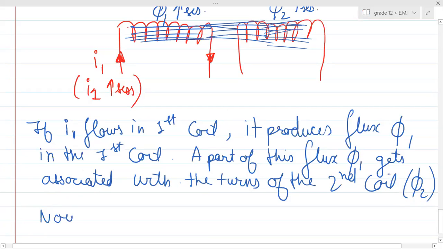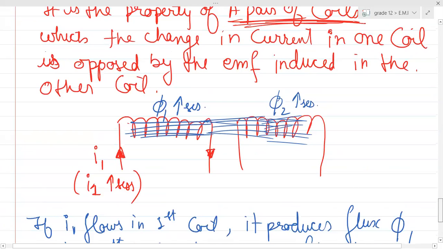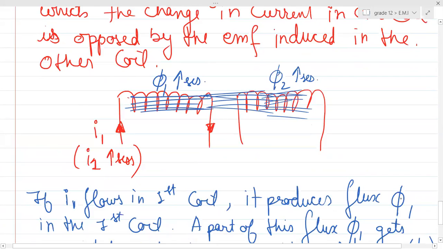Now if I1 increases, then phi 1 also increases. Yes or no? And if phi 1 increases, automatically phi 2 will also increase. Yes or no, guys? Guys, are you able to follow till here?